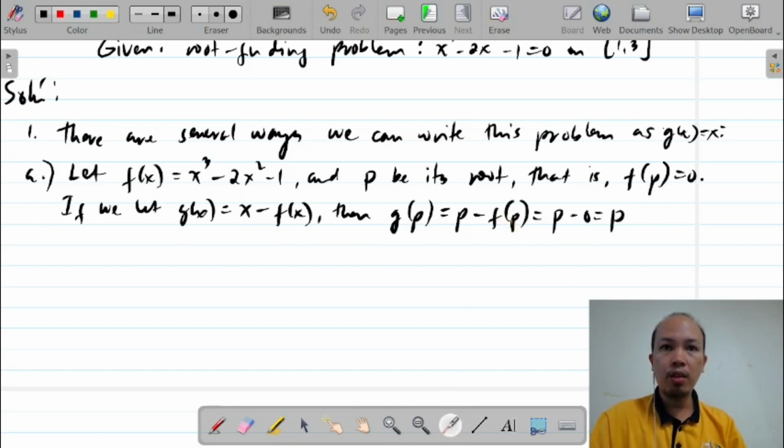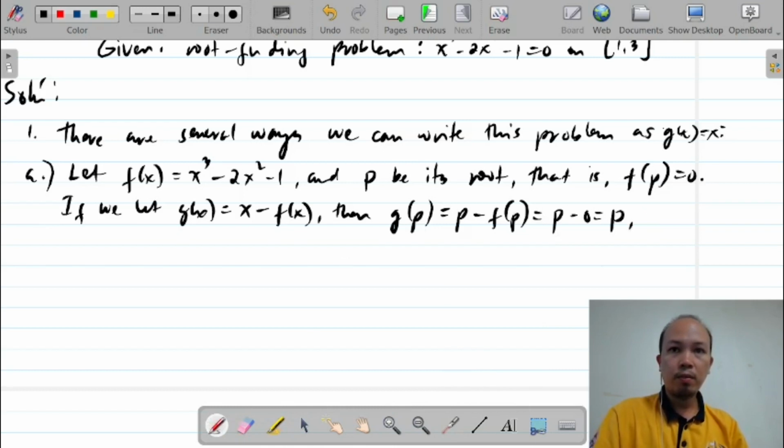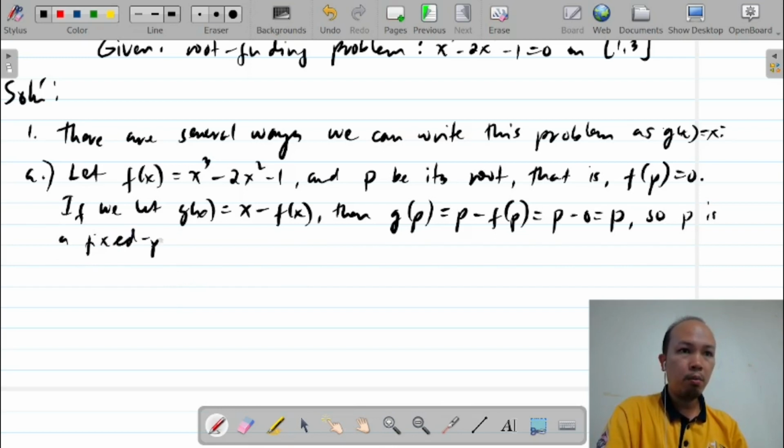Since our f of p is 0, the conclusion is p is a fixed point of g.